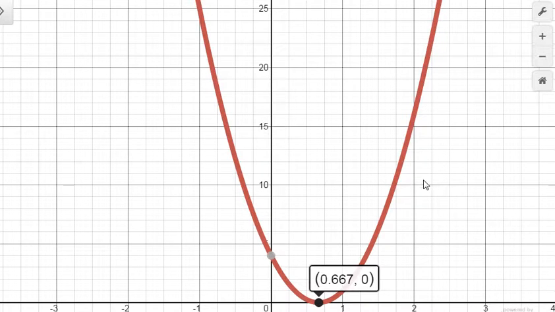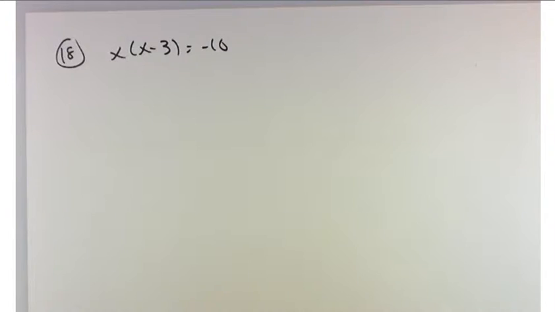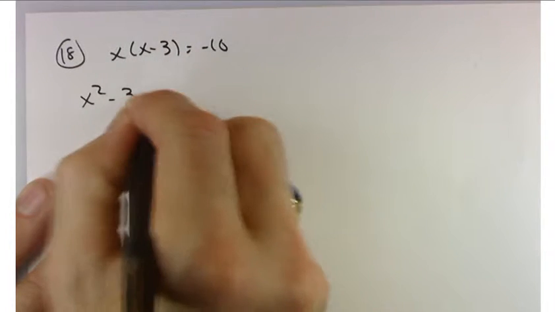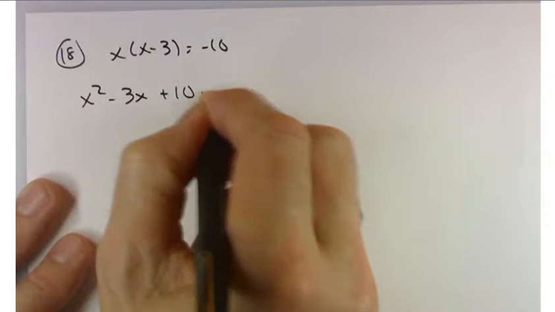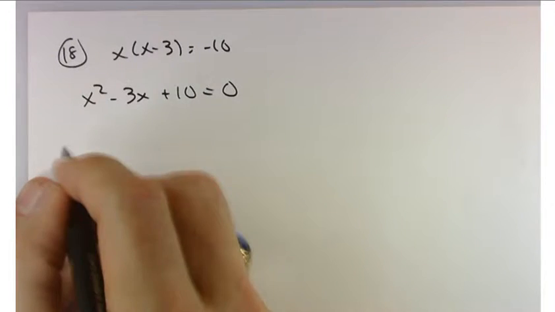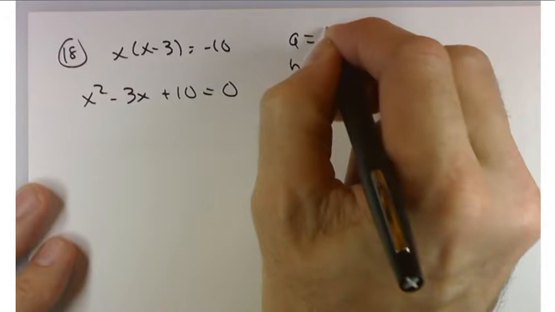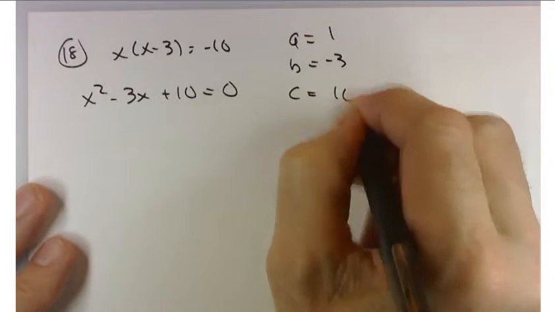Let me get that up here now. Distribute the x, move the 10 to the other side. And then let's take a look at A, B, and C: 1, negative 3, and 10.